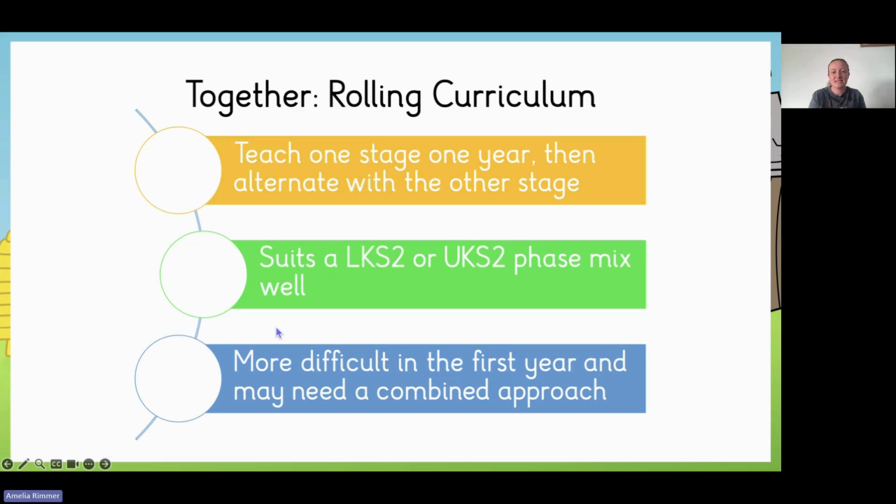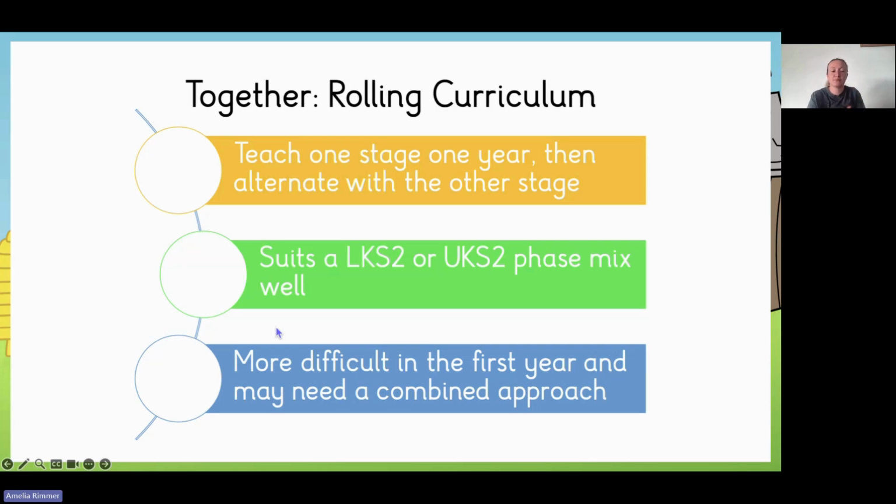It can be a little bit difficult in the first year, as it might need a combined approach. So you might have noticed I said I started with the year 4. That was because that had been running for a little while already. So they'd had the stage 3 the previous year, and it keeps rolling like that.